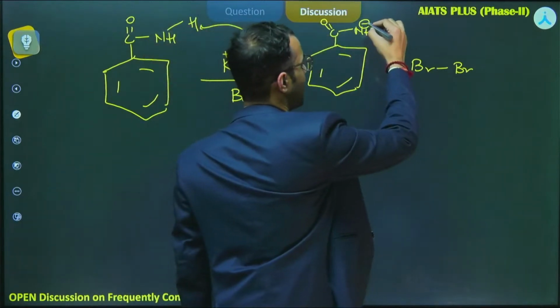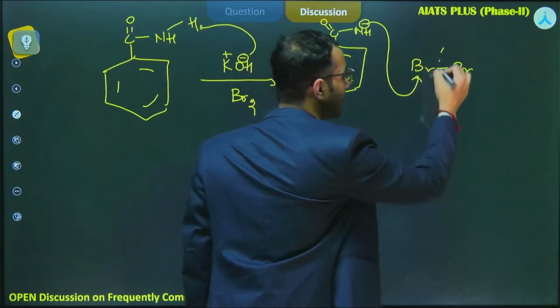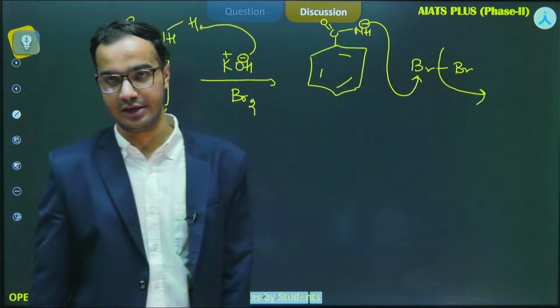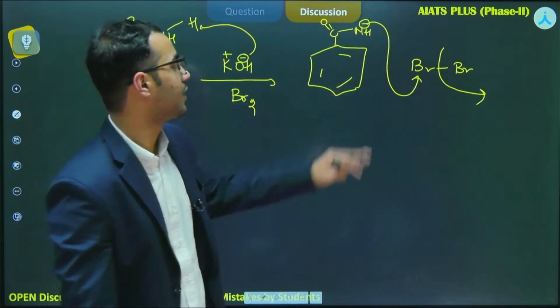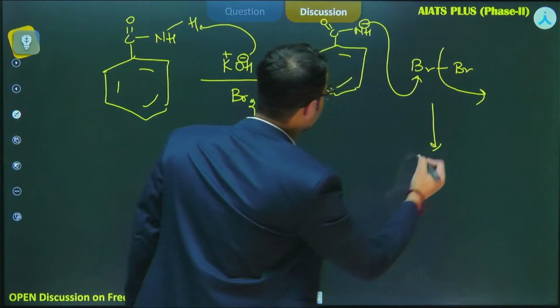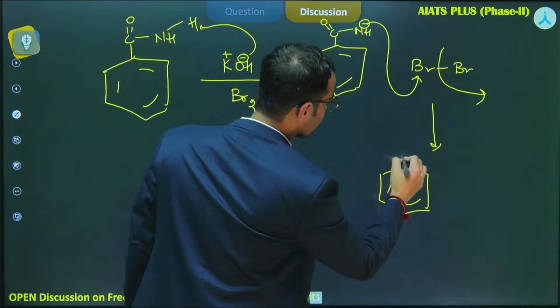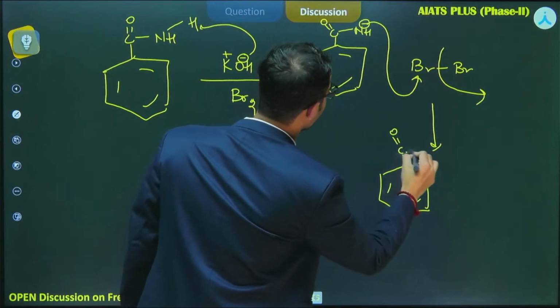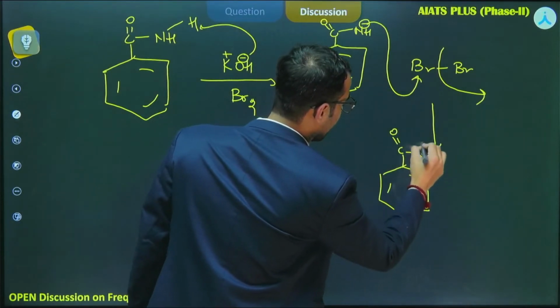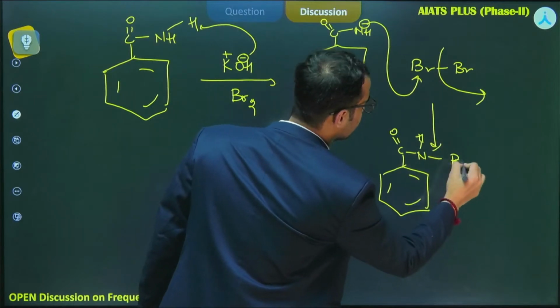This negative will attack over this and remove this Br negative. What will you get? You will get C double bond N H and Br.